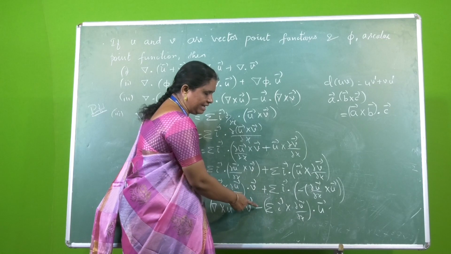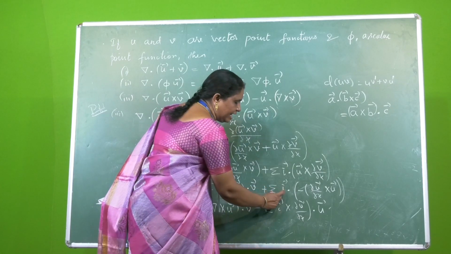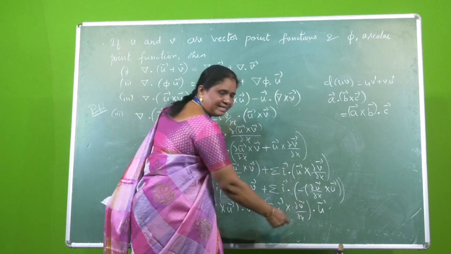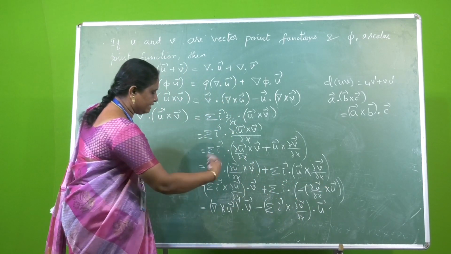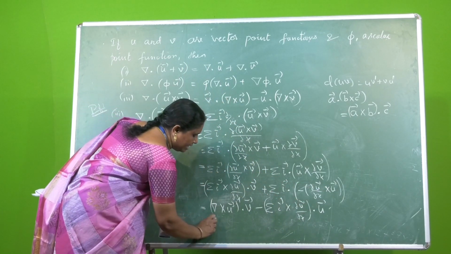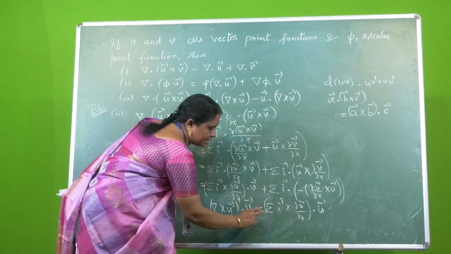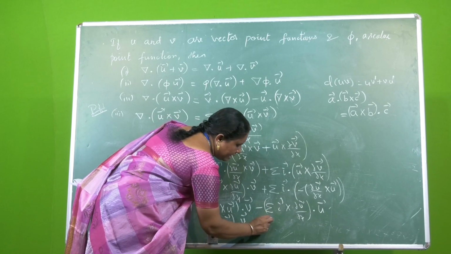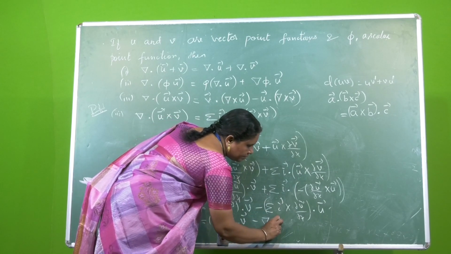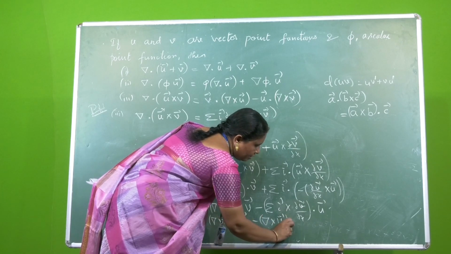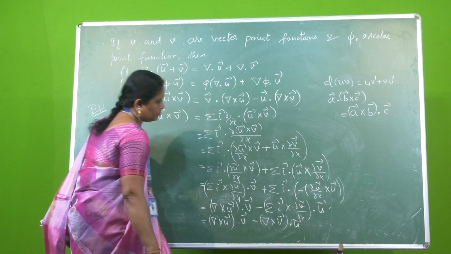We can take the minus outside, and A dot B cross C is written as A cross B dot C, and in the next step we can write this as del cross u vector dot v vector minus del cross v vector dot u vector.